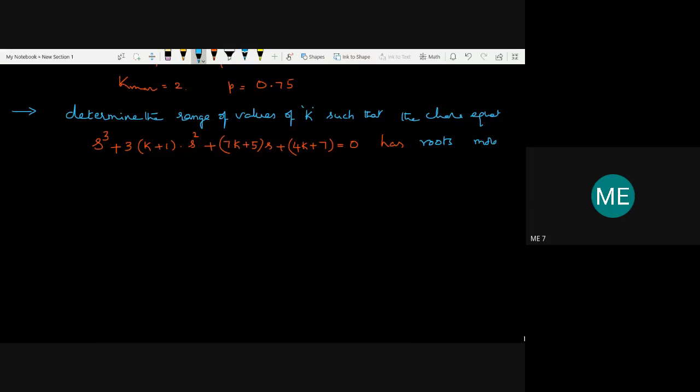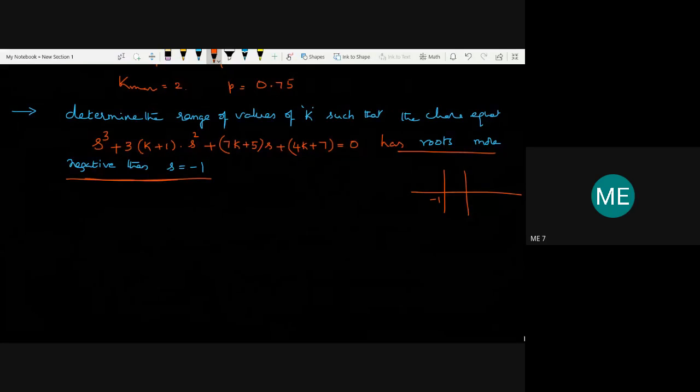more negative than s is equal to -1. It means he is asking to find the relative stability for s is equal to -1. So the roots have to be more negative than -1. We need to find out the relative stability with respect to this line, meaning we are shifting the s is equal to 0 line towards the s is equal to -1 line.